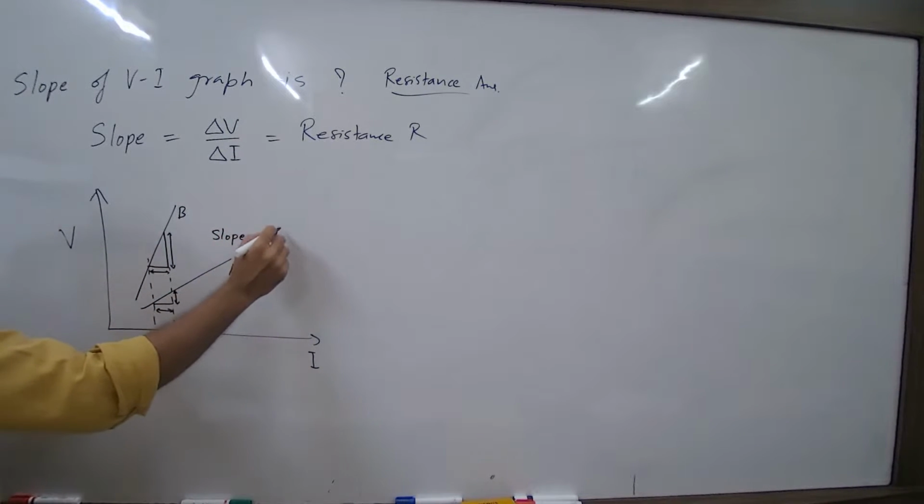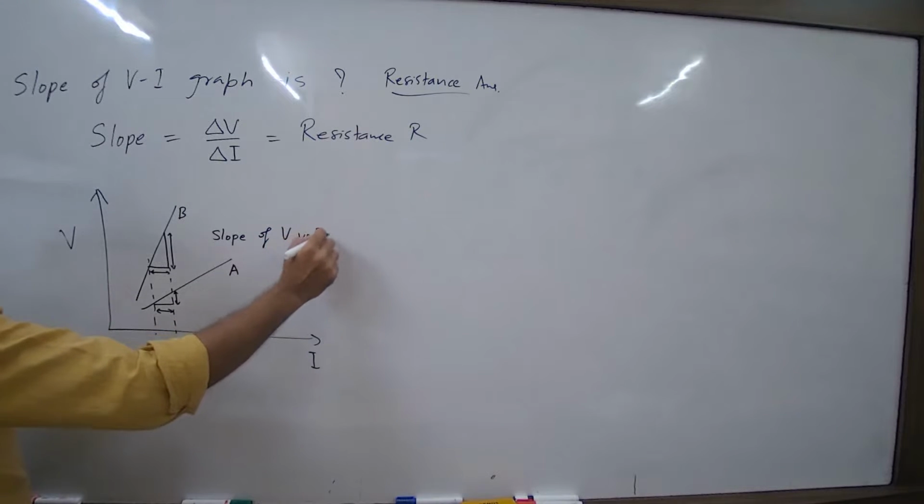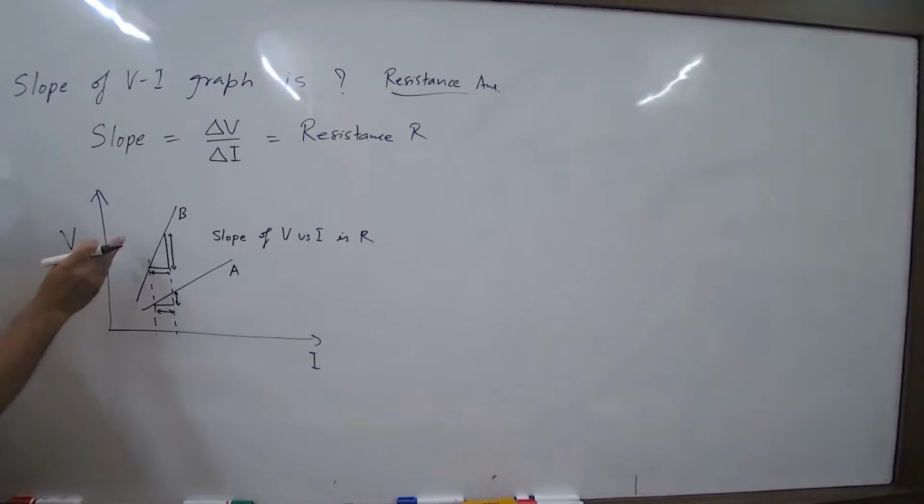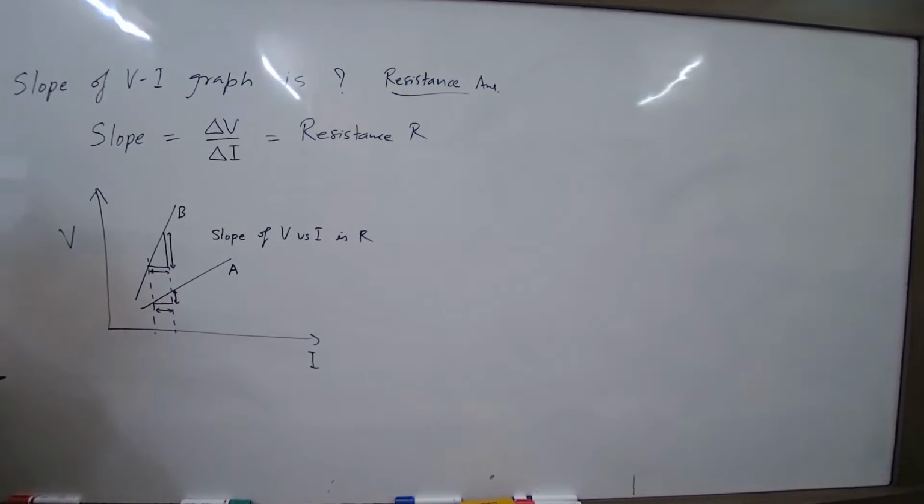Slope of V versus I is R. So whose R is higher? The one whose slope is higher.